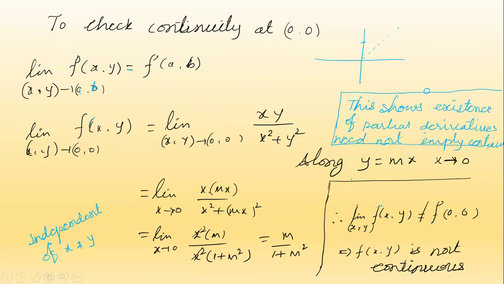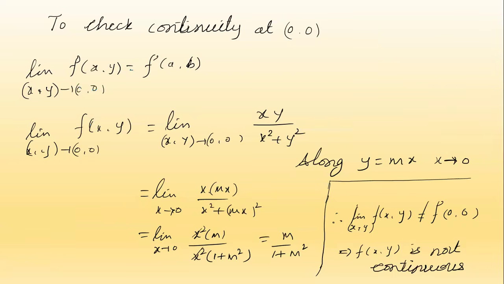Also, using this, we can generate one result: if a function is not continuous, then that function is not differentiable. We already saw this in the limit, continuity and differentiability chapter. Therefore, the third option, existence of partial derivative implies differentiability, is not correct.